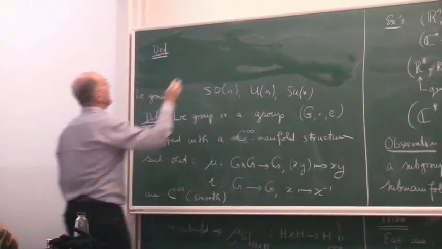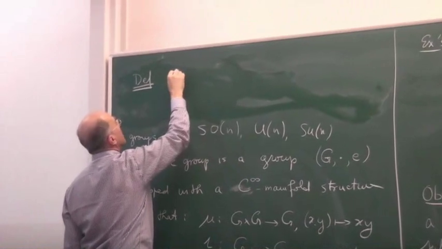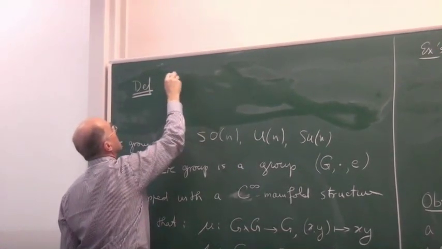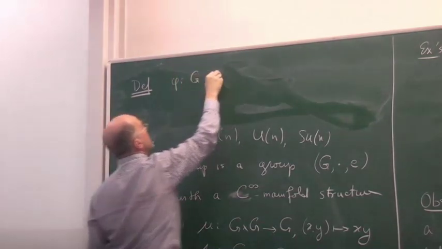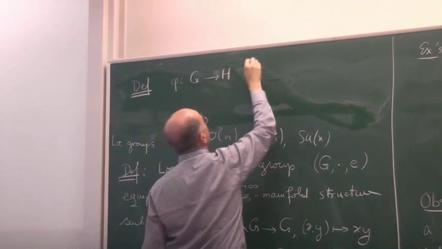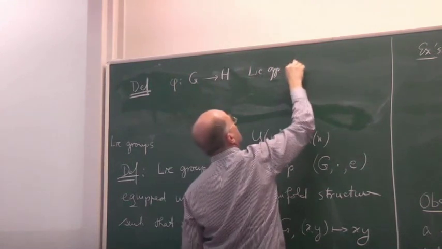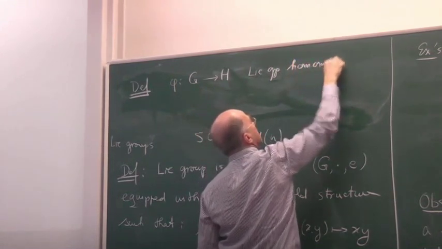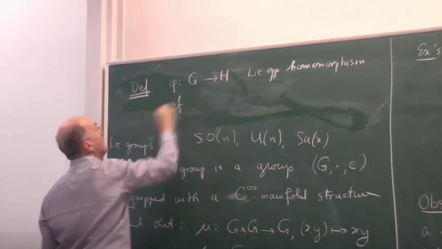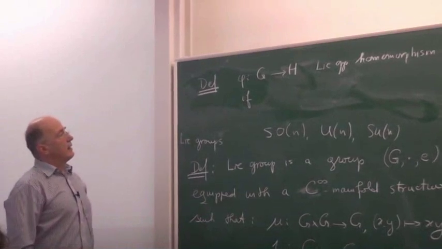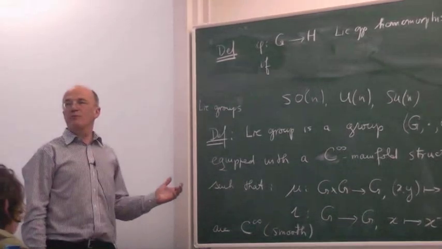A homomorphism of Lie groups: a map phi from a Lie group G to a Lie group H is called a Lie group homomorphism if the map, first of all, preserves both structures.